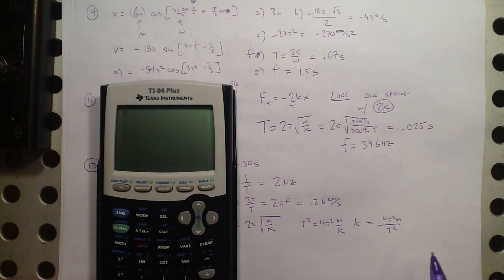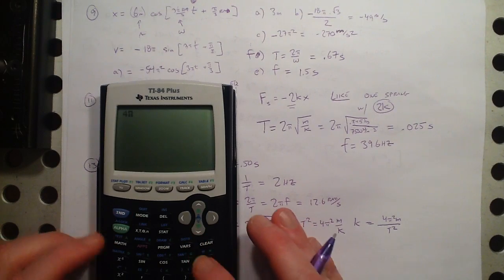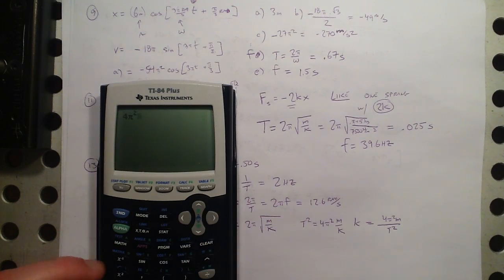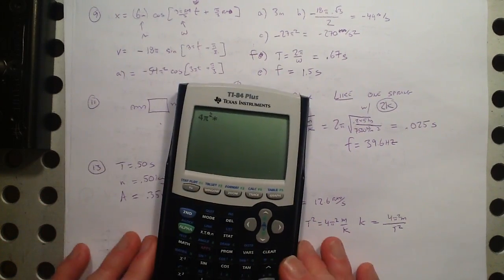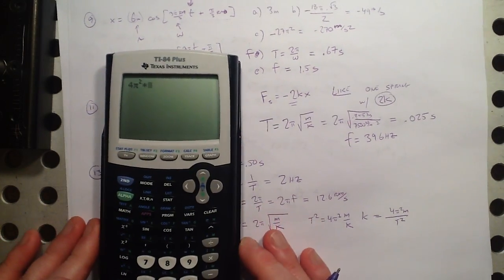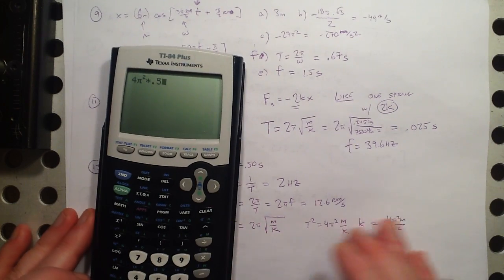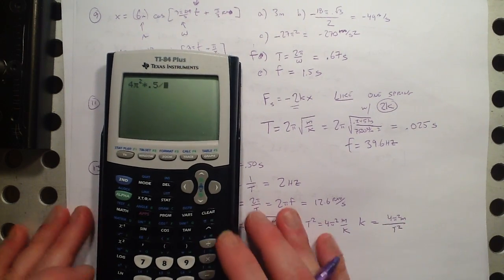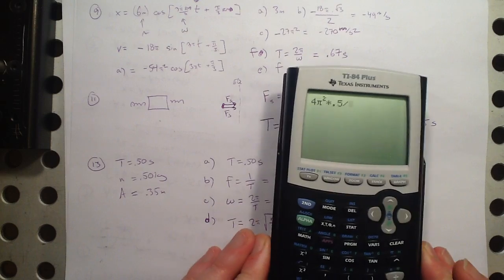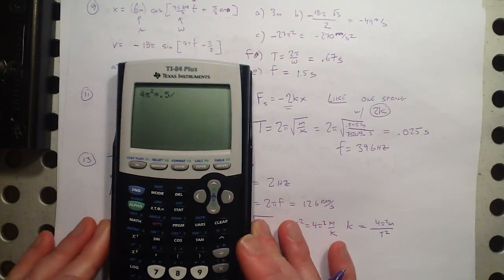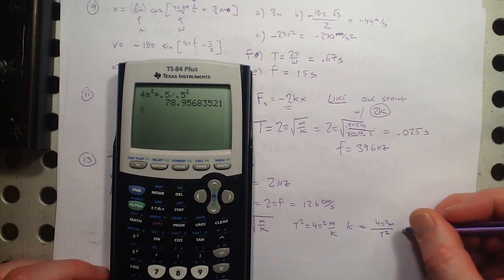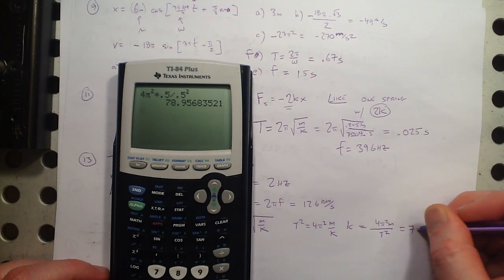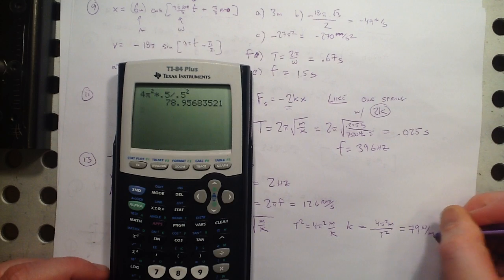So let's see, 4 pi squared times the mass, which was 1/2, divided by the period, which is also 1/2, squared. And that gives me a spring constant of about 79 newtons per meter.